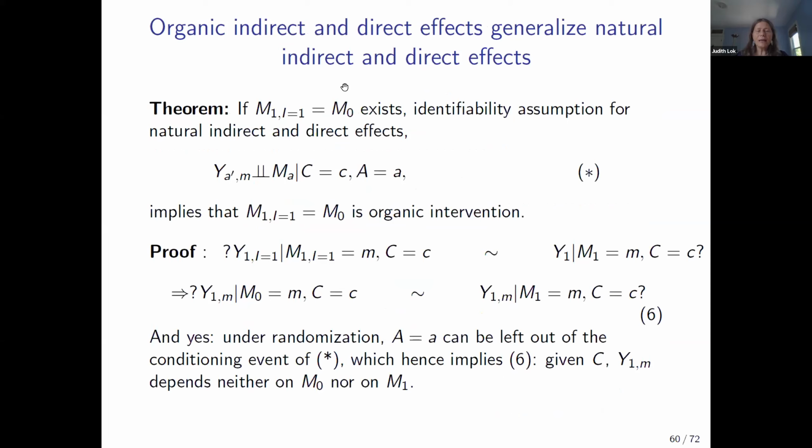So are organic direct and indirect effects a special case of natural direct and indirect effects? I think it's really the other way around. The natural direct and indirect effects only work if you can really think of setting the mediator. For example, in HIV cure research, you would want to set the HIV reservoir to 0 if you could.